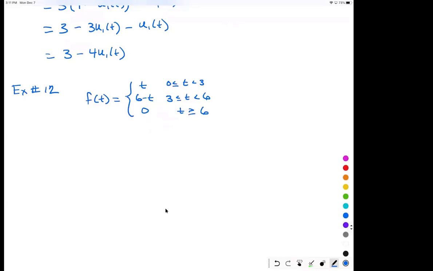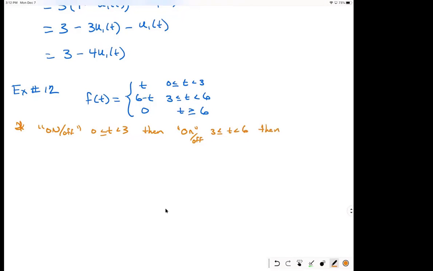So again, what I'm going to do is think about this as switching on and off for 0 to 3. Then I'm switching on and off for 3 to 6.